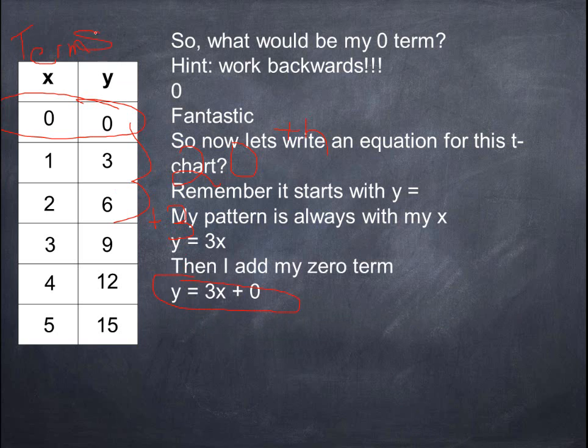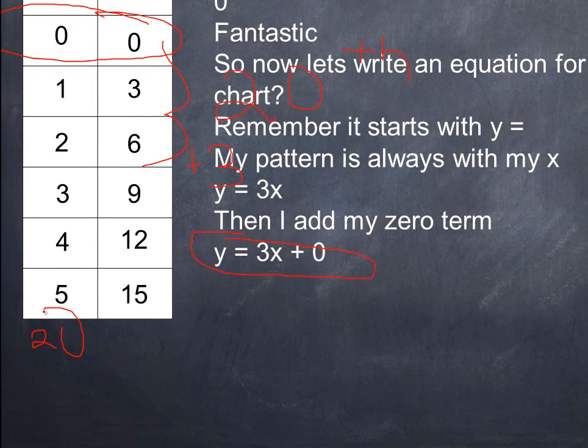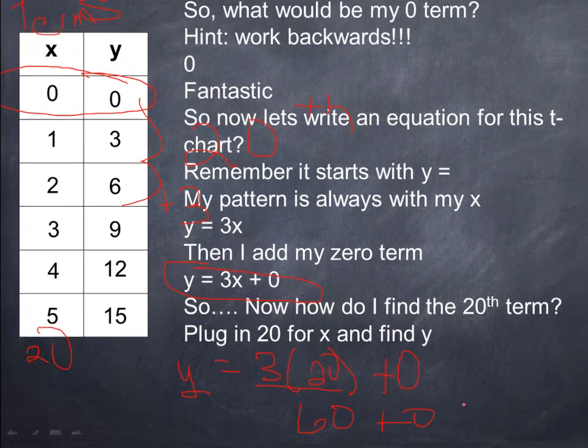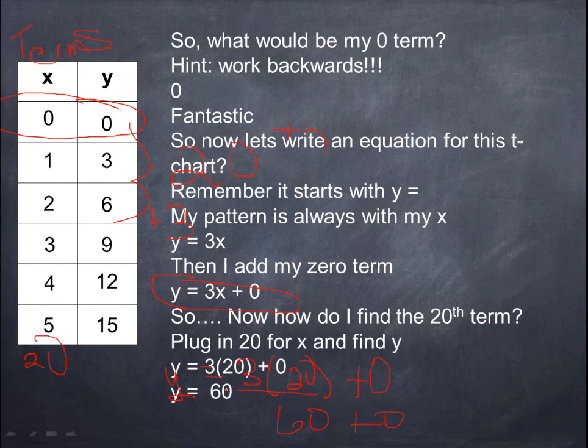How would I find the 20th term? Plug in 20 for x. y equals 3 times 20 plus 0. What's 3 times 20? 60 plus 0. So my 20th term would be 60.